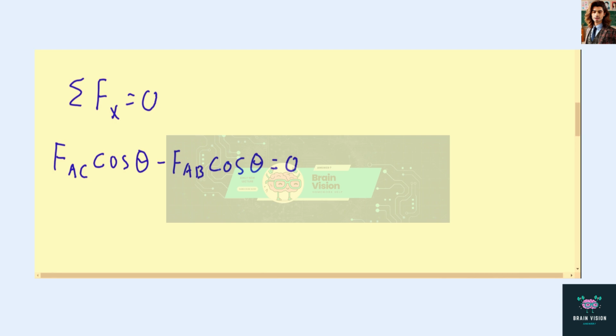And from this equation, we can rewrite it as F of AC is equal to F of AB.